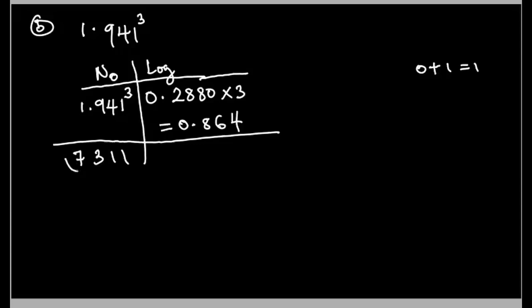Anywhere you stop, you put your decimal. So this becomes 7.311, and this happens to be the value of our anti-logarithm for this.